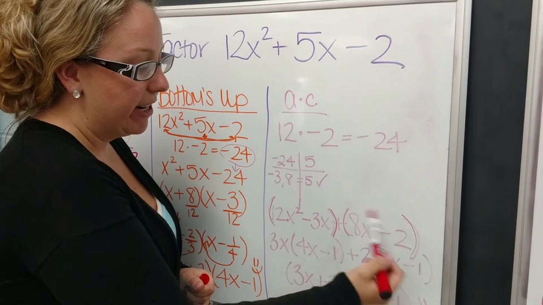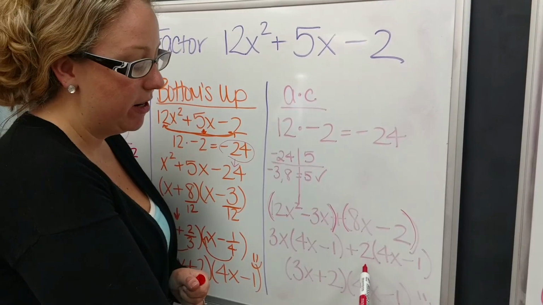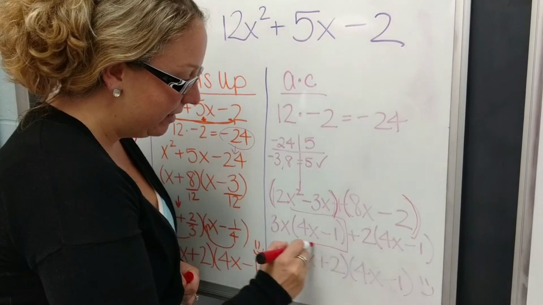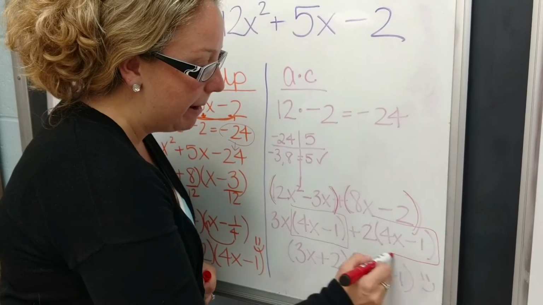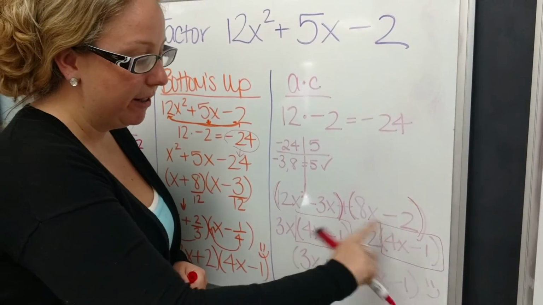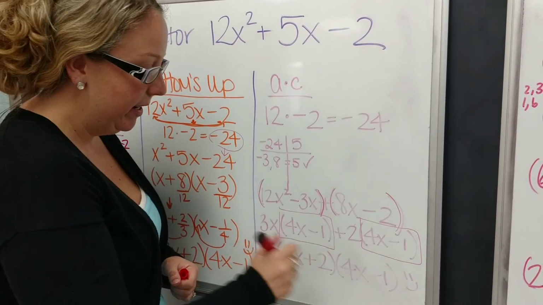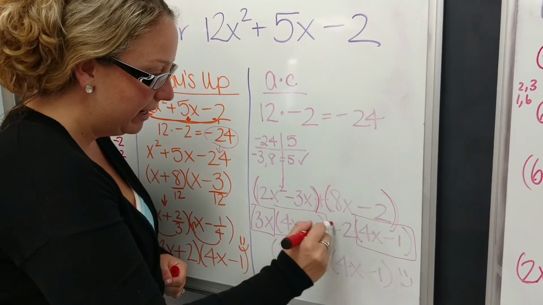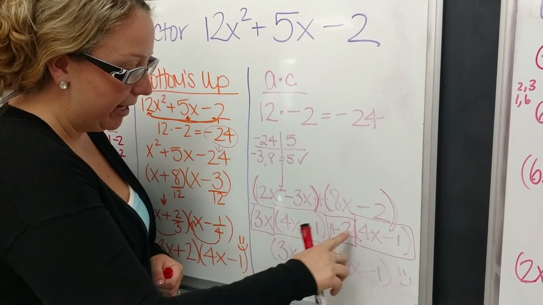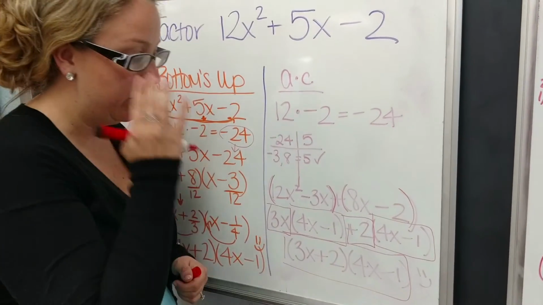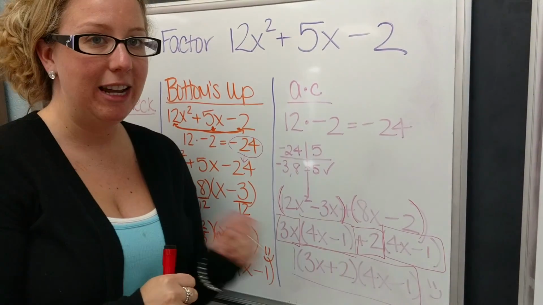From this, I can factor out a 2, and when I factor out a 2, I'm left with 4x minus 1. Your goal for this method is to get these two values to be exactly the same. So here they're both 4x minus 1, which is good. That's what you want, because you want to write that factor once, and then you want to combine these two numbers, 3x plus 2, in their own set of parentheses, and again, you'll get 3x plus 2 times 4x minus 1 in factored form.